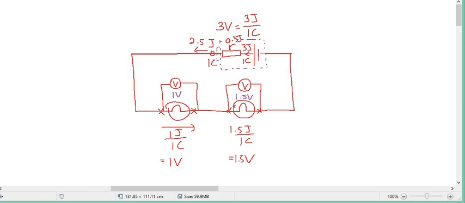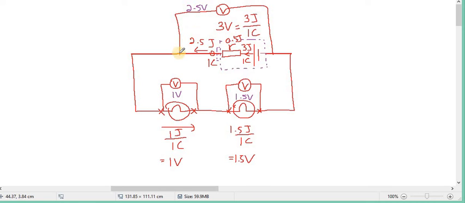And if we connect the voltmeter here, the reading will show 2.5 volt. Very good.